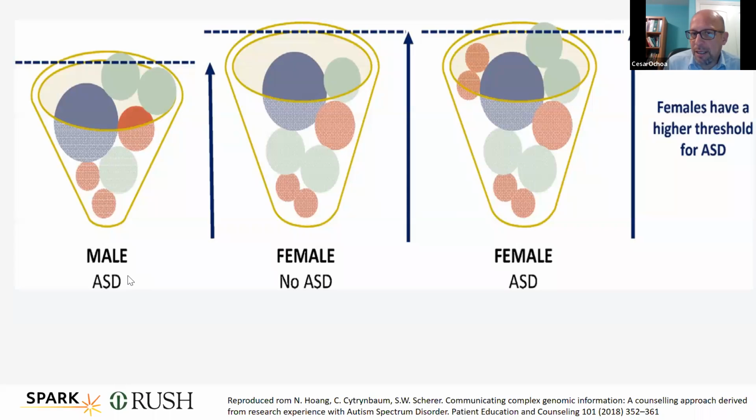The way they try to explain this, they say that females have a bigger cup than males, so they need more genetic risk factors to develop autism.